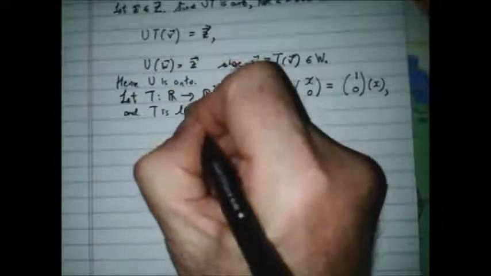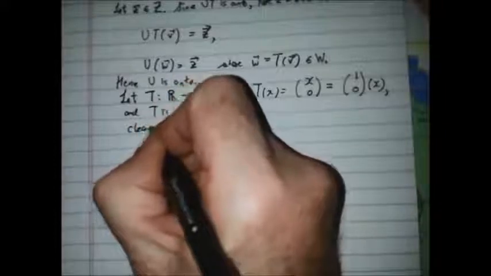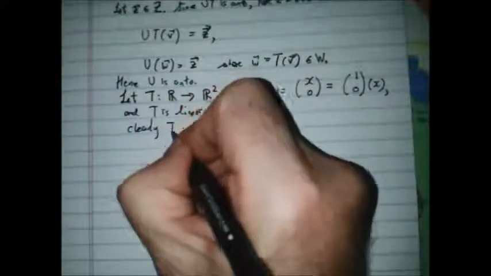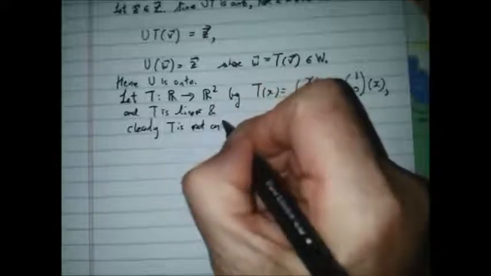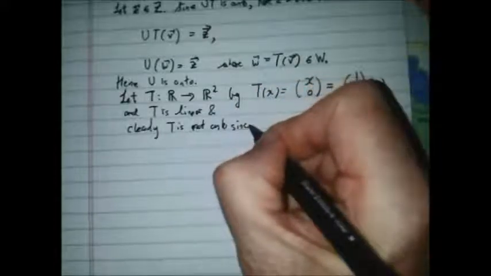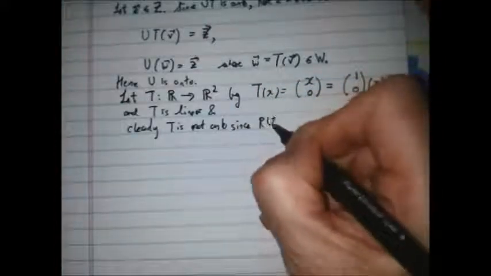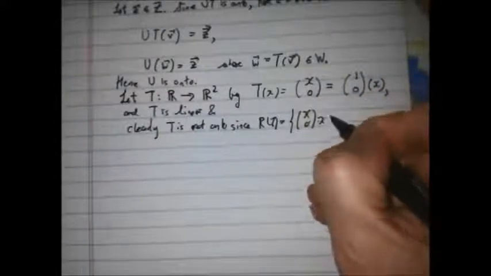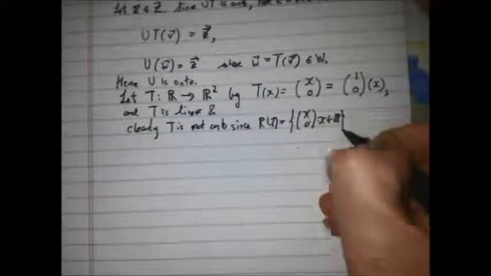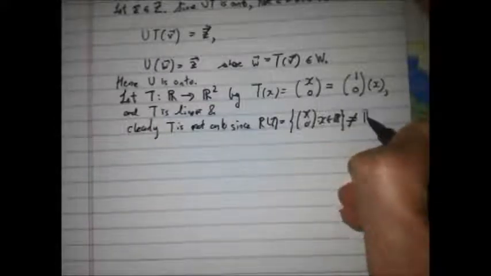T is linear, and clearly T is not onto, since the range of T is the set of vectors that look like (x, 0) such that x is in R, and that is definitely not equal to R2.